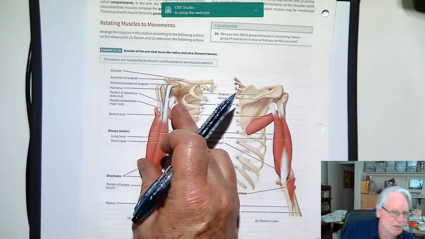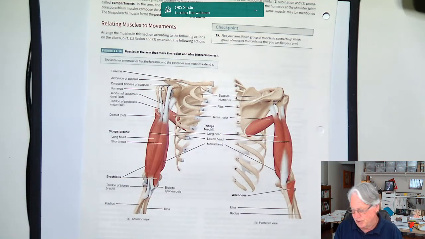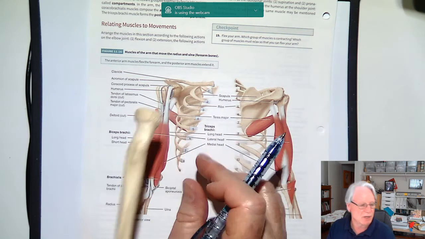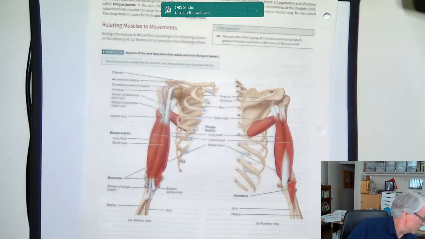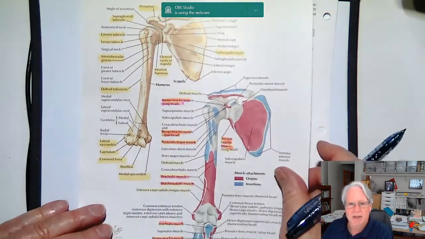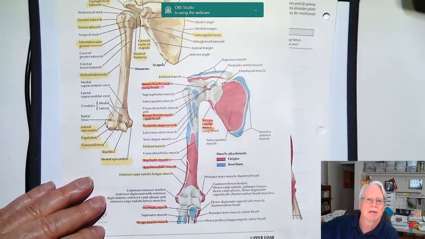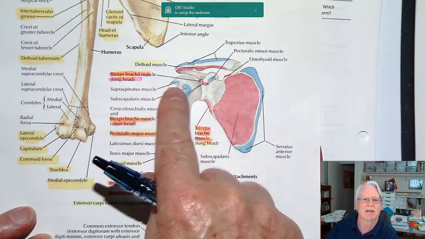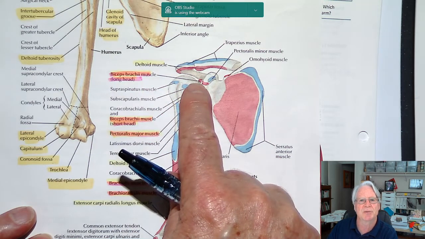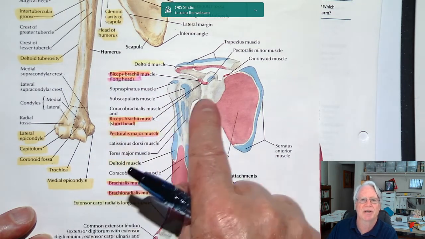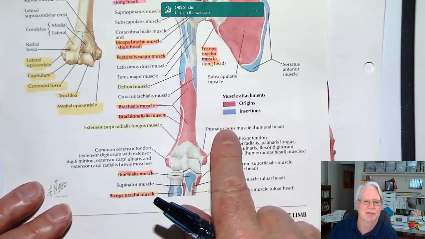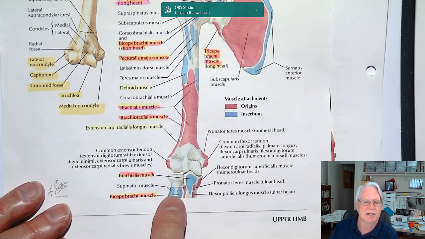And then it inserts on the radial tuberosity, which is that point right there, radial tuberosity. Another way to see the same thing, using Netter, we have the biceps brachii long head, that's the supraglenoid tubercle. Biceps brachii short head, that is the coracoid process. And then we're going to insert down here on the radial tuberosity.